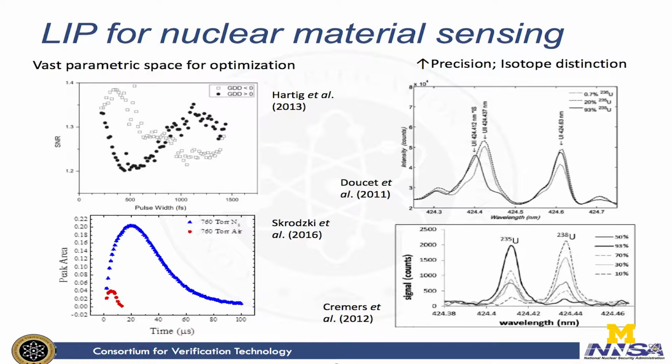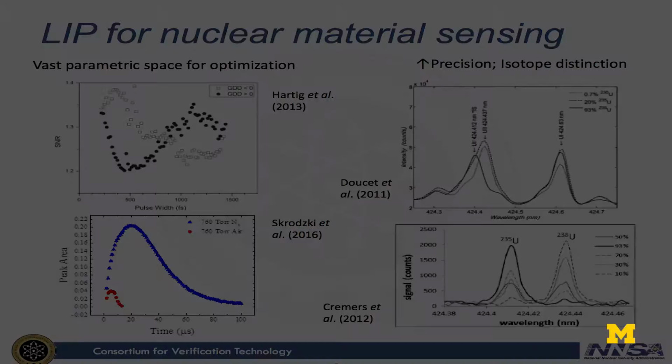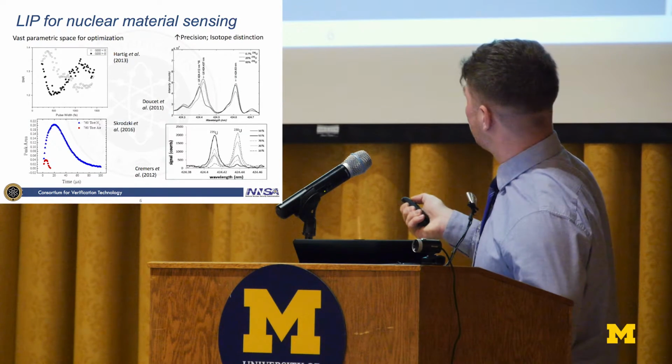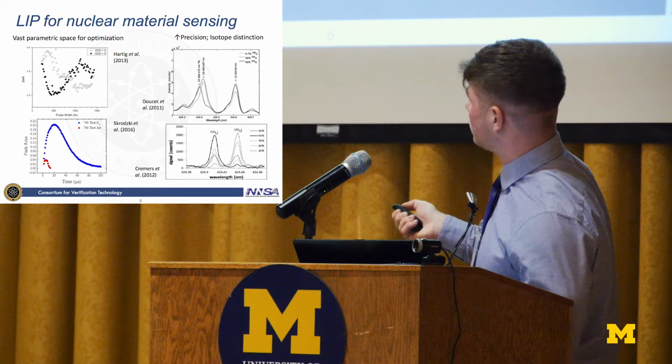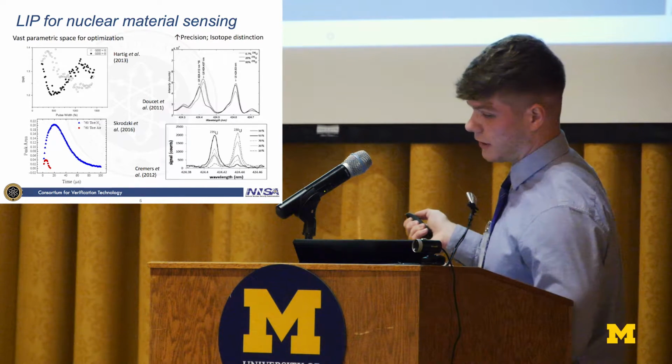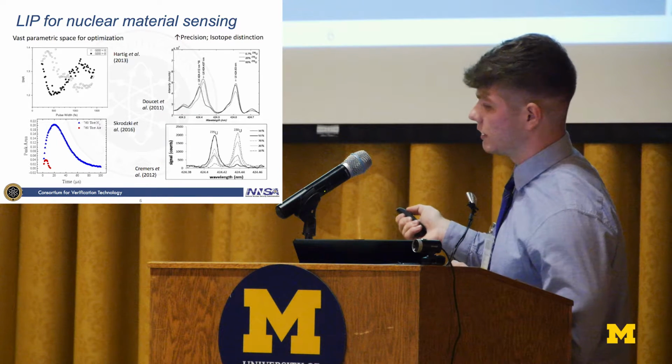Over on the left-hand side are some examples of the work being applied, and we vary some parameters, such as in this study, Kyle Hardig, a previous member of our group, just graduated with his PhD from Penn State under Professor Jovanovic, did a study in which he varied the ablation laser pulse width and looked at the signal-to-noise ratio with a uranium line, and you could see how much it fluctuates just varying the pulse width of the ablation laser.